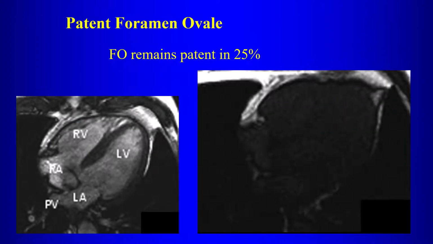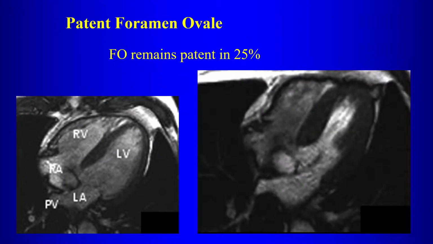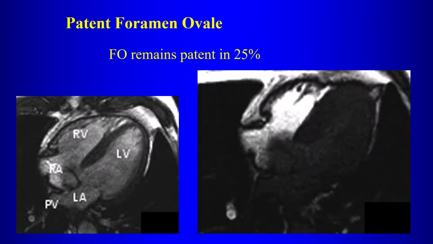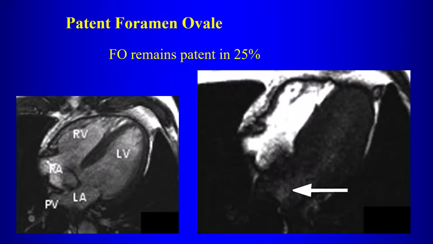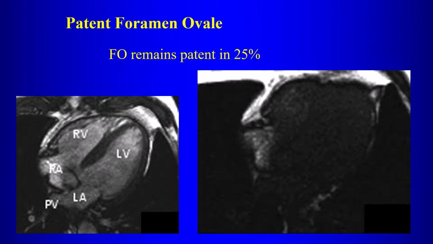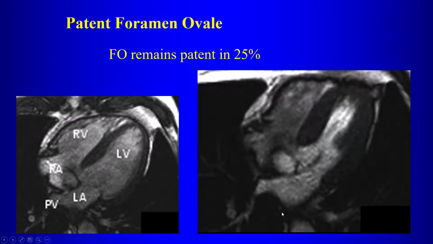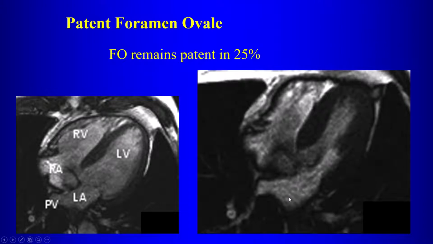So we said that on MR, it is possible to make the diagnosis of a patent foramen ovale. We can do this with a dynamic study as we are injecting contrast. As we are injecting contrast, we continuously image the heart, and then we ask the patient to bear down, to force some of that contrast to go across the atrial septum, and the diagnosis is made when we have that early appearance of contrast within the left atrium.